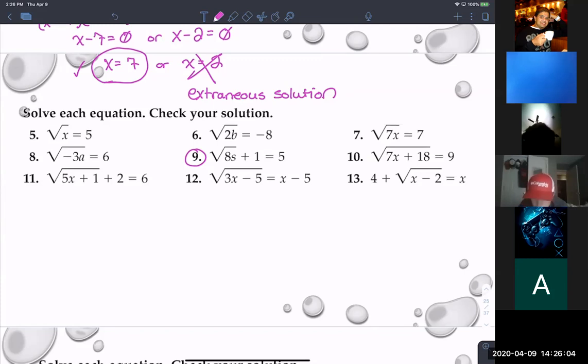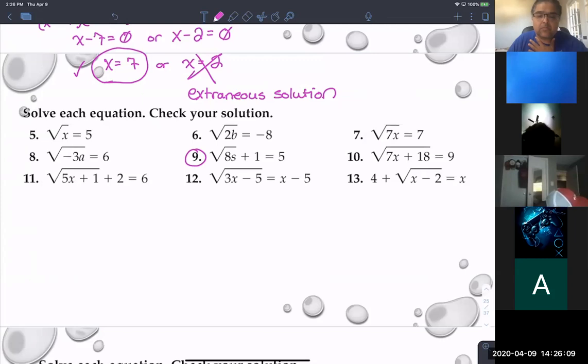You want us to solve for S? Yes, for S. For number 9, I want you to solve for S.